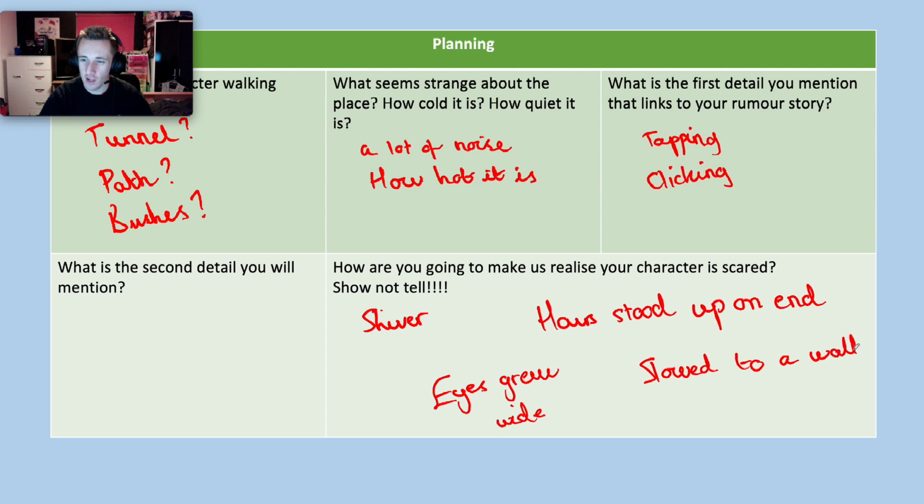Maybe if they were running, they're now walking. Something like that. So you need to show that your character is feeling nervous. Not terrified, but nervous, anxious. But don't tell us, because it's boring. Show us by what they do. Maybe they clench their fists or something. So, go and do the planning sheet. Come on back to me, and then we're going to do the writing.